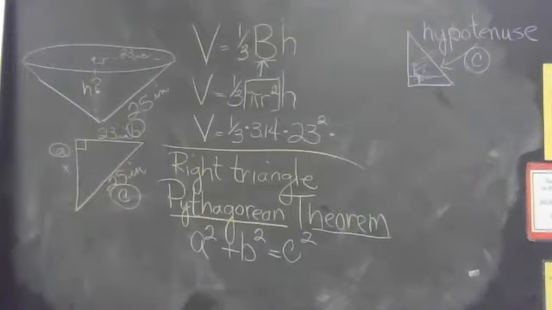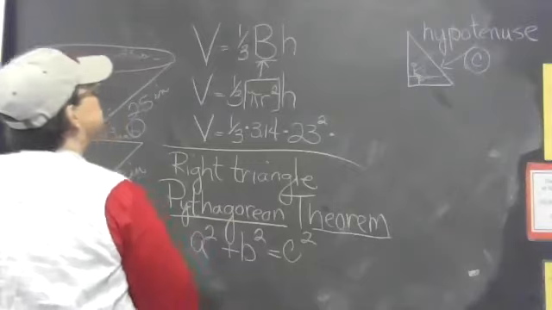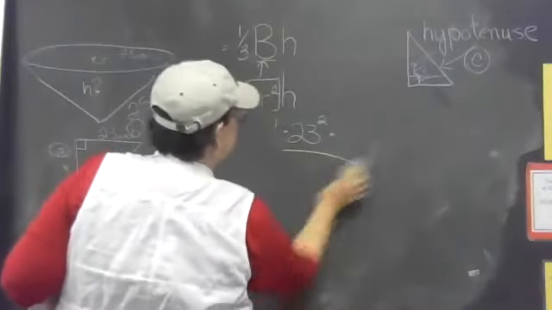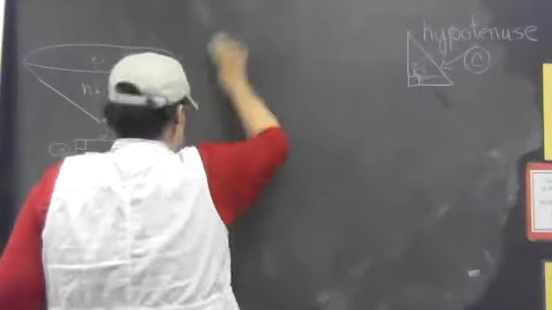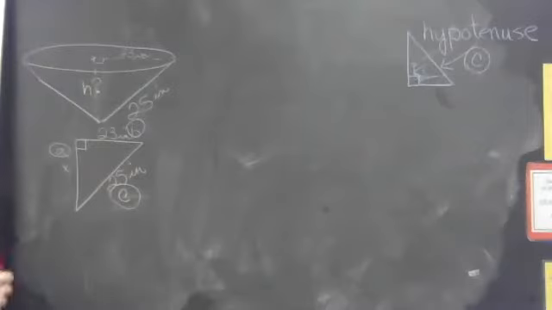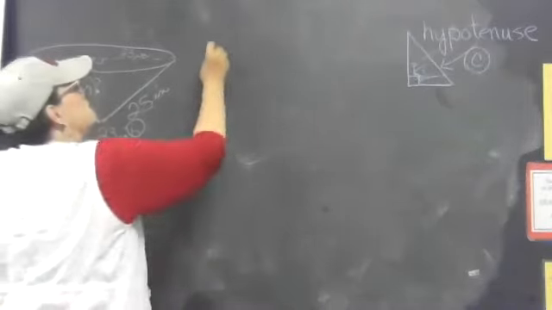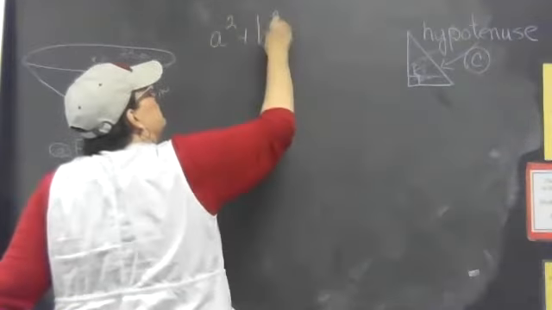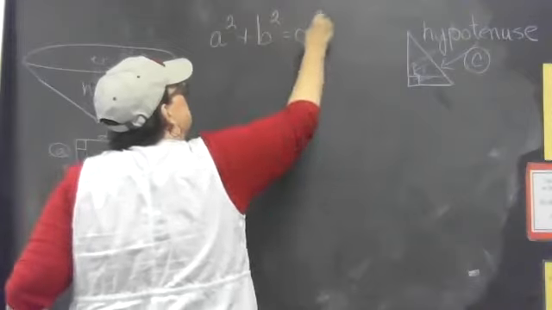So I'm going to erase a lot of this stuff if it's okay, because I want to show you how to use this, and I'm running out of room. We'll get back together in just a minute. And this is only on the right triangles, correct? Only a right triangle. It won't work on anything else. So Pythagorean theorem says A squared plus B squared equals C squared, okay?